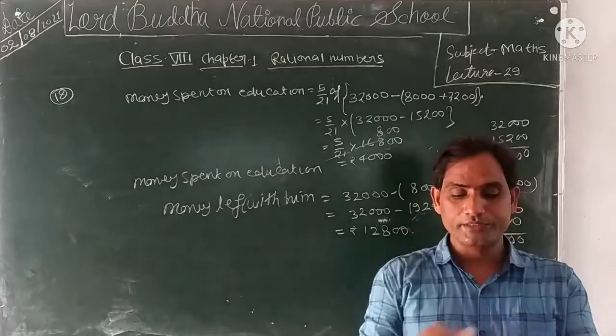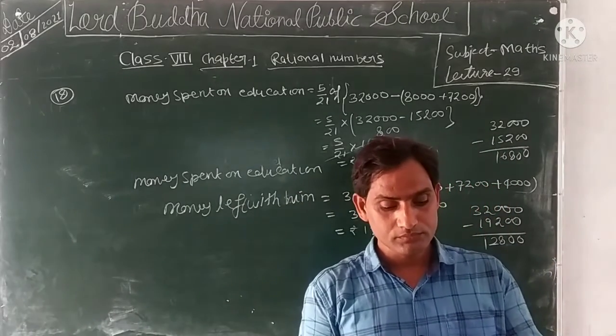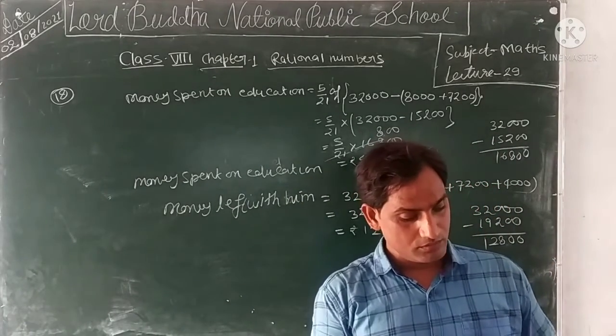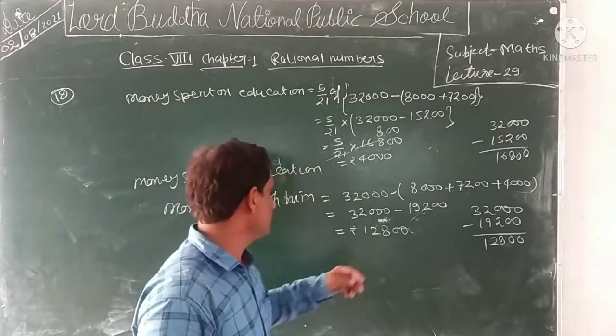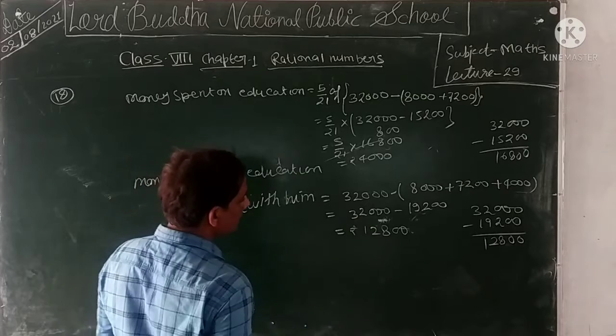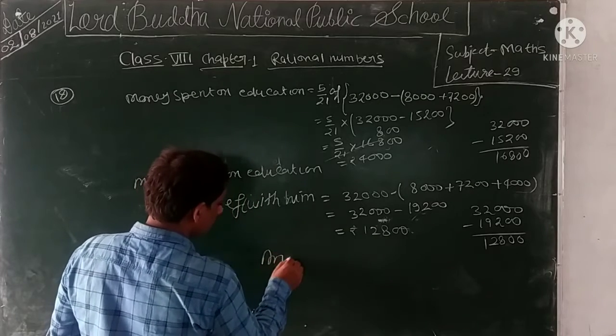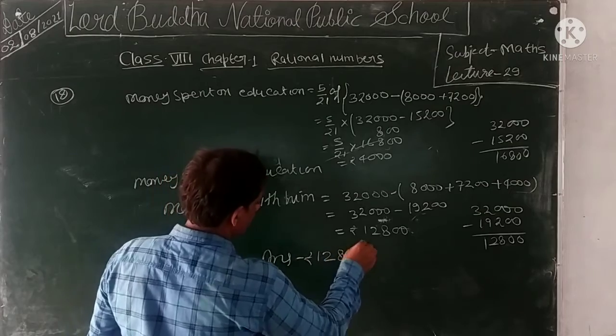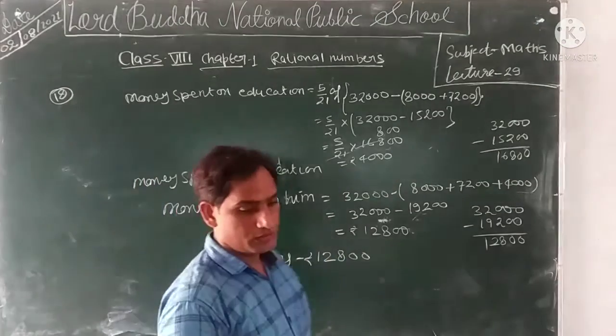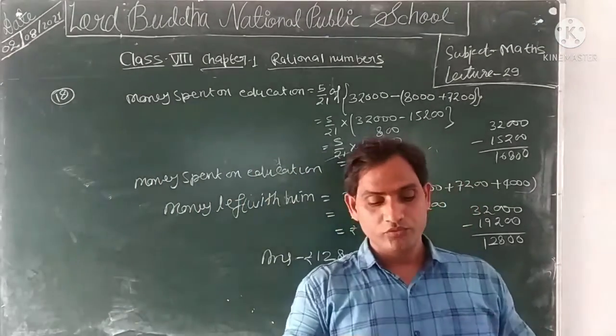Okay. So we see that the left money is 12,800. Answer 12,800. Okay. Now we will do the next question.